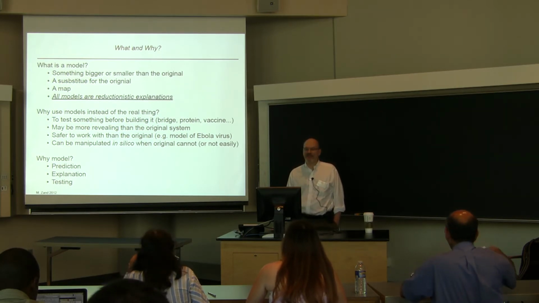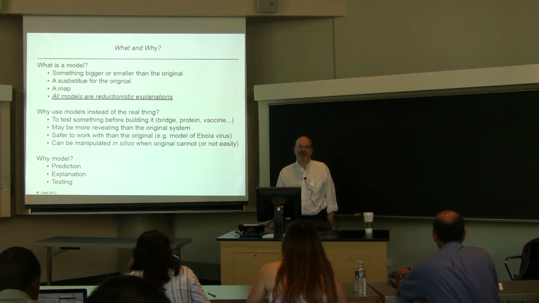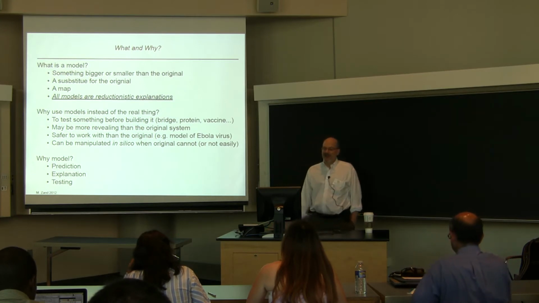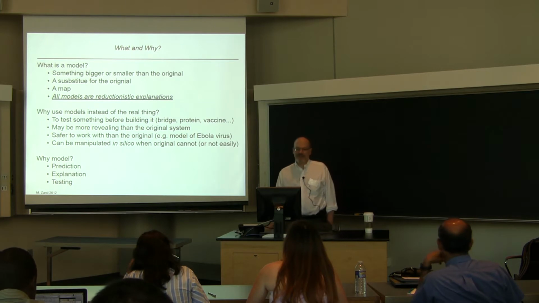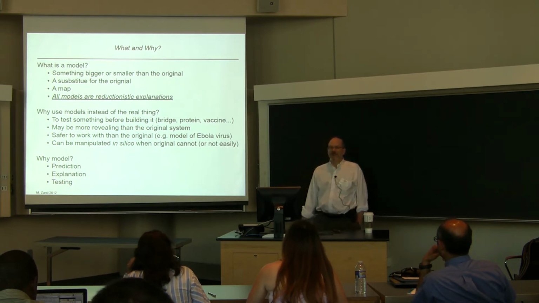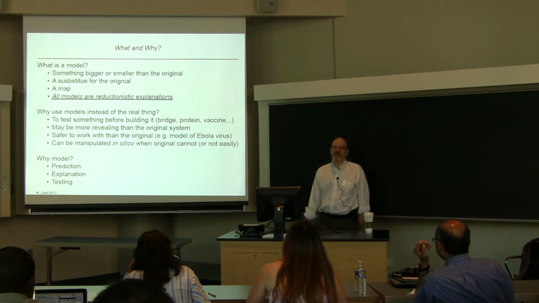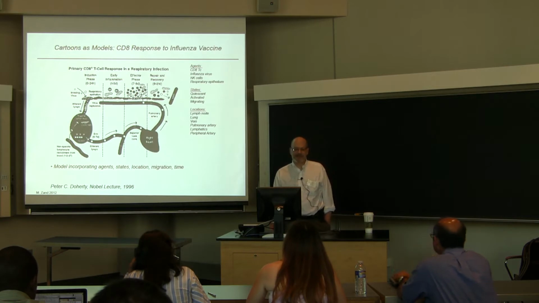All of us would much rather work with a model of Ebola virus than be in a BSL4 lab and work with the original thing. Again, the models can be manipulated in silico or on a piece of paper where the original cannot. What other things are we interested in gaining with models? Prediction, explanation, and testing are usually the big things. We want the models to enlarge our understanding of the systems that we study.